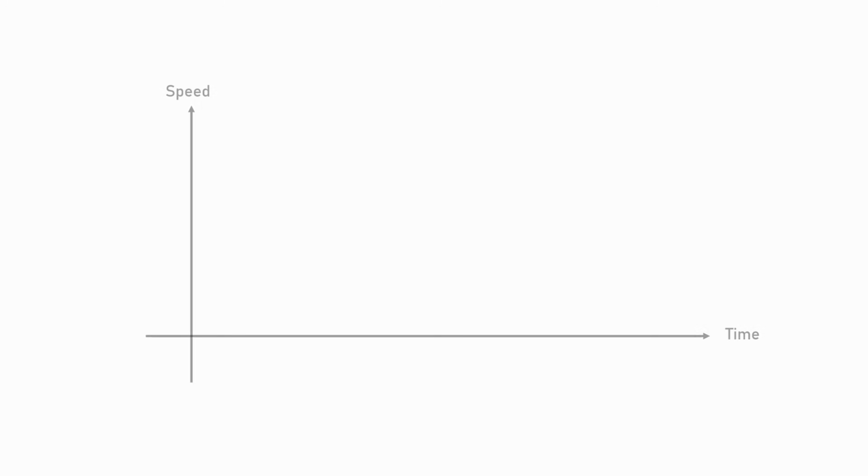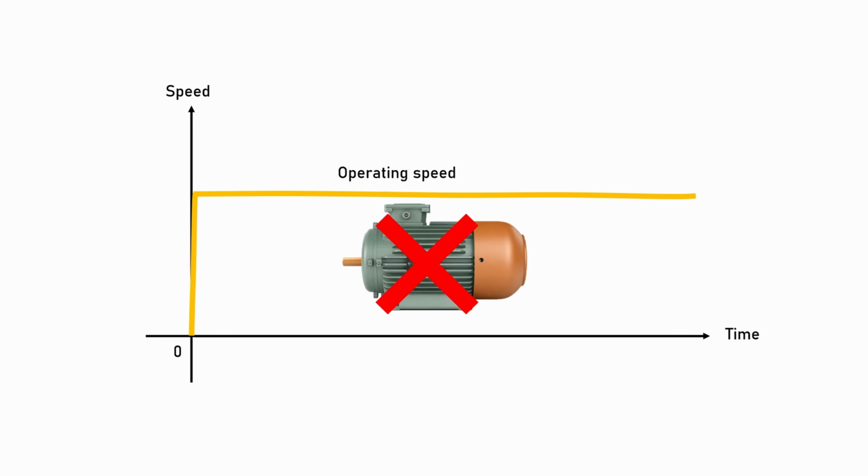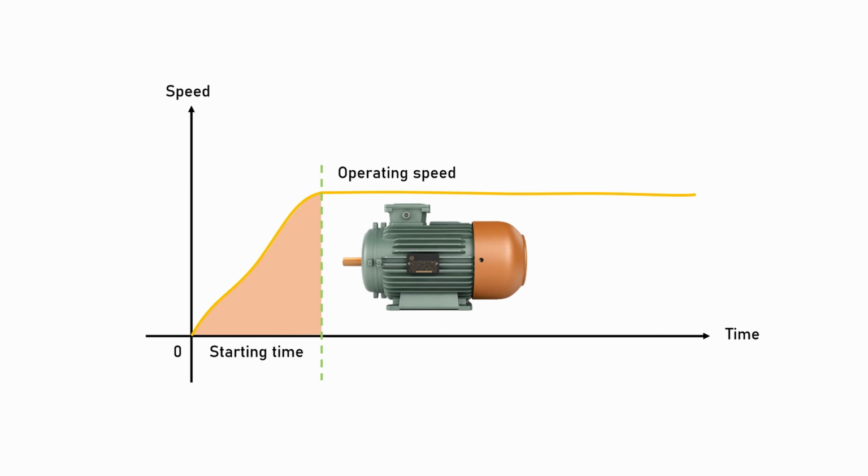So the first thing we need to understand is that every motor starts from zero speed and takes some time to reach an operating speed. No motor can instantly go from zero to full speed. So acceleration always exists, even if acceleration is not given or even if we do not need to precisely control it.